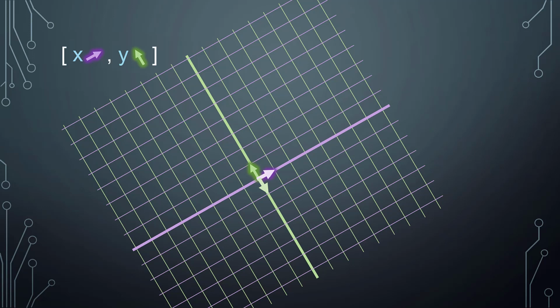So if we use the x and y values of the blue vector that we had before, and instead of using them to scale the original orthonormal basis vectors, the original purple and green ones, we use them to scale up these newly rotated ones, as we'll see, we're getting the same vector as before. It's just rotated the same amount that this entire orthonormal basis is rotated by.